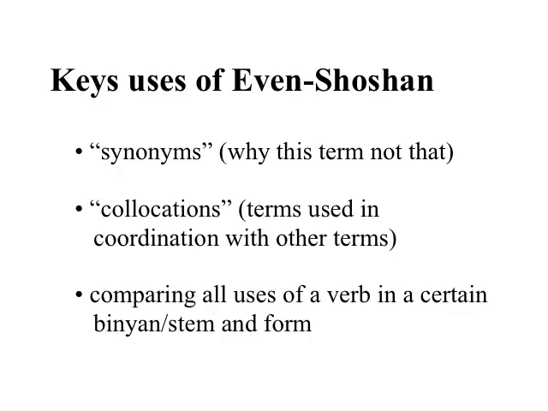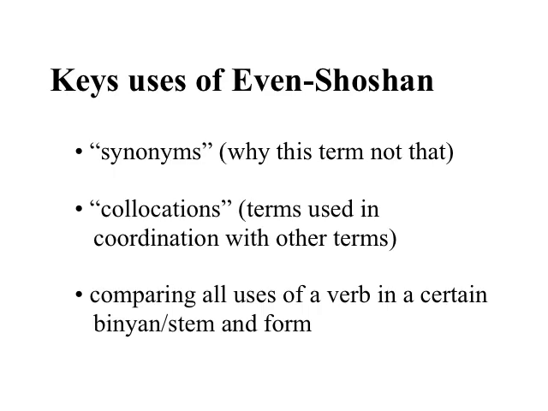Now, I'm aware that when one first uses Even-Shoshan, it can be very daunting. However, there are several kinds of helps it can give, and it's especially useful even in the age of computer indexes and databases.